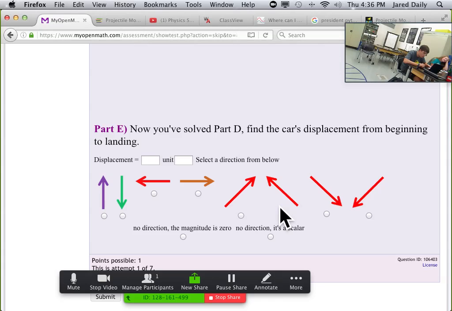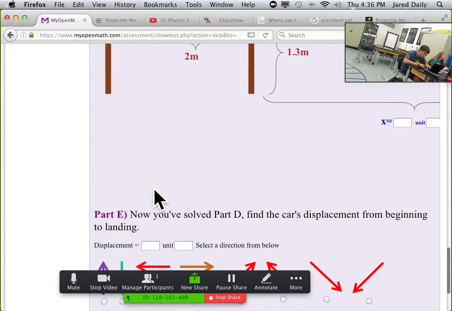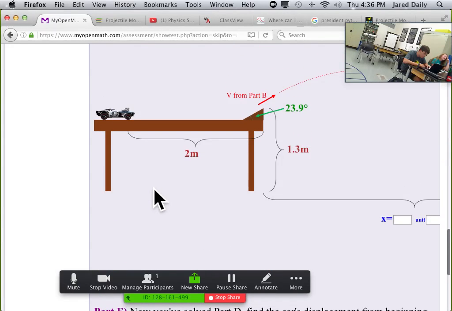What was I trying to find in part D? In part D, what you're trying to find is the horizontal distance it travels from when it goes off the table and off the ramp and lands on the floor, right?